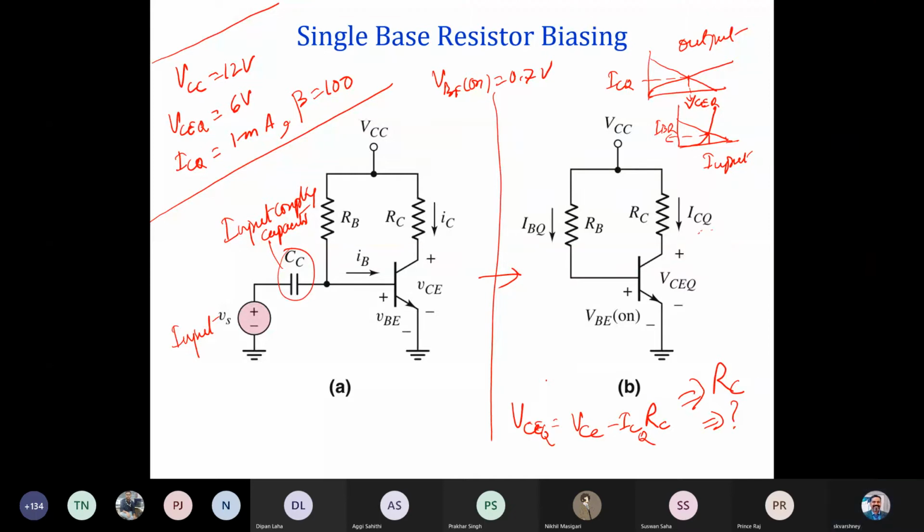Since beta is given and ICQ is given, we can find IBQ. IBQ is simply ICQ over beta. Find it out. Once the base current is known, for the input loop we can estimate RB.